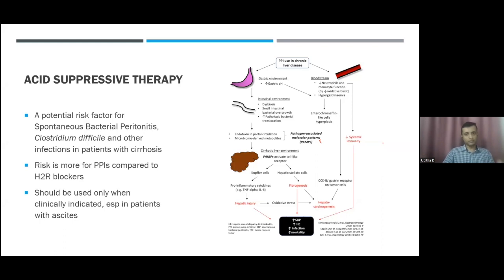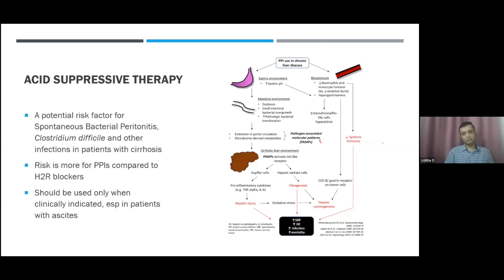So we know that when you talk about the pathophysiology of most of the cirrhotic complications, we talk about gut bacterial translocation, where you have damage to the gut-blood barrier, and that causes translocation of the bacteria into the blood, and that bacteremia would induce a cascade of inflammatory responses that leads to all these complications.